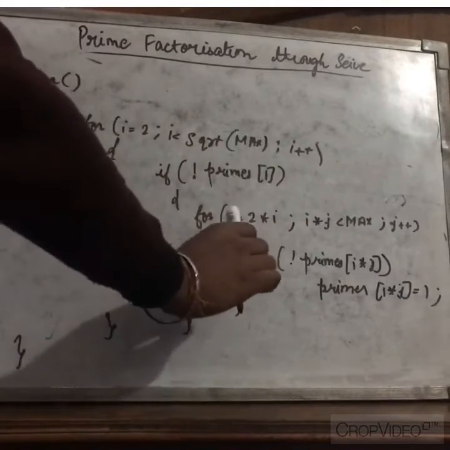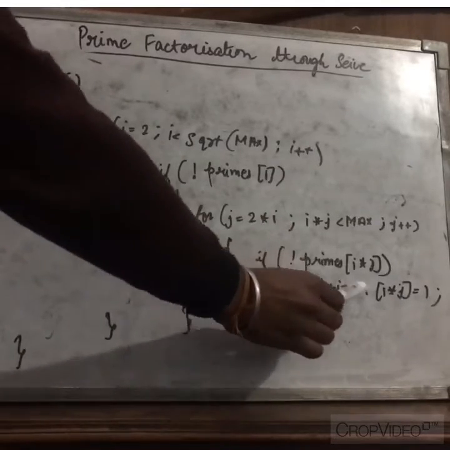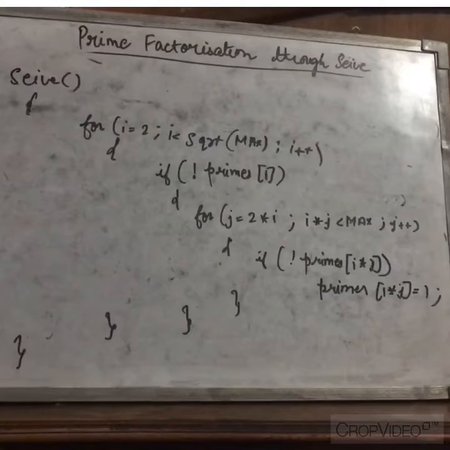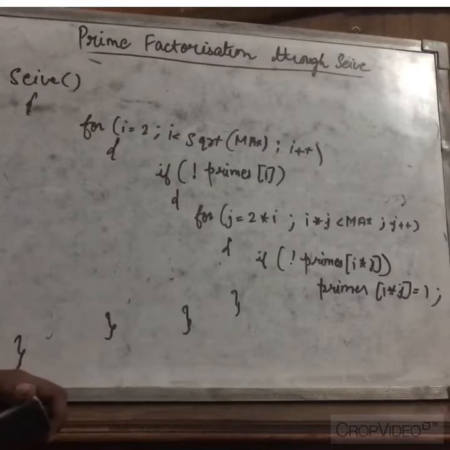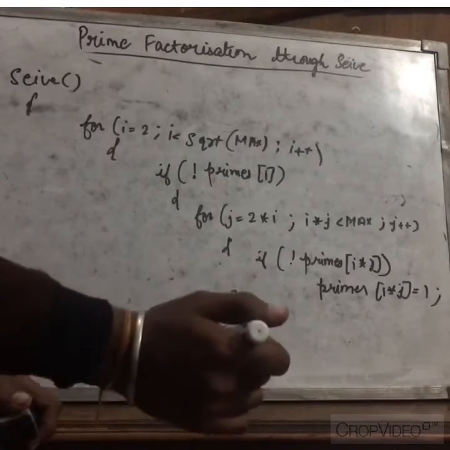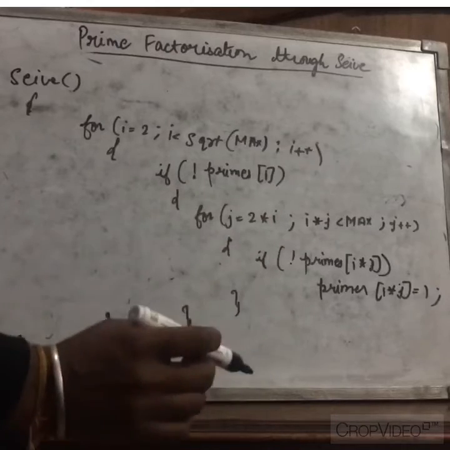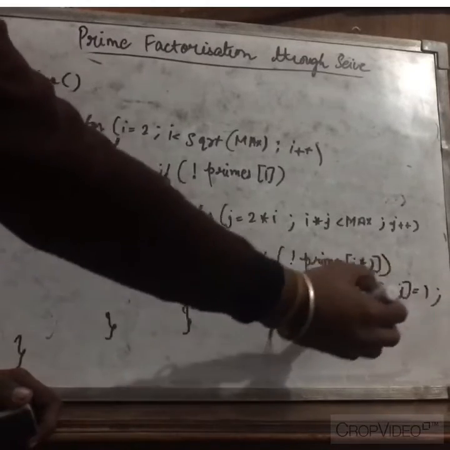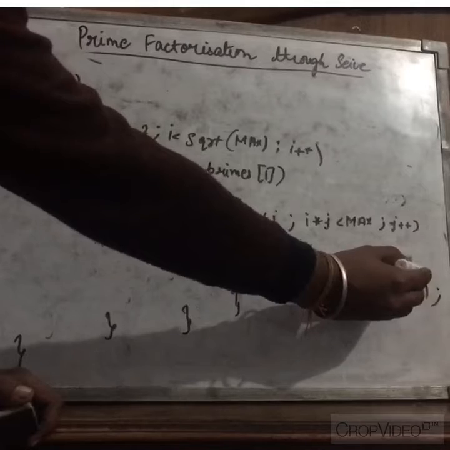If i is prime, then I mark every multiple of i as a non-prime number. Instead of marking every multiple of i as non-prime, I will just store the least prime factor of i. So I will store here primes of i times j as i.